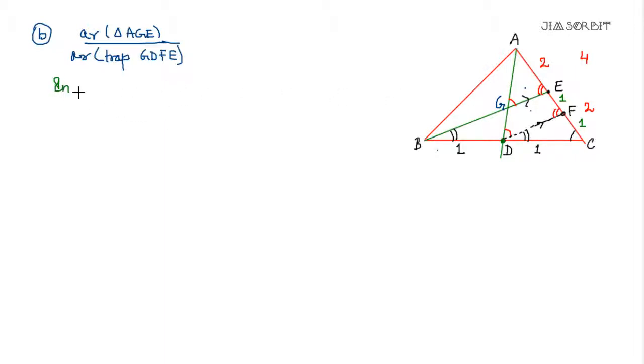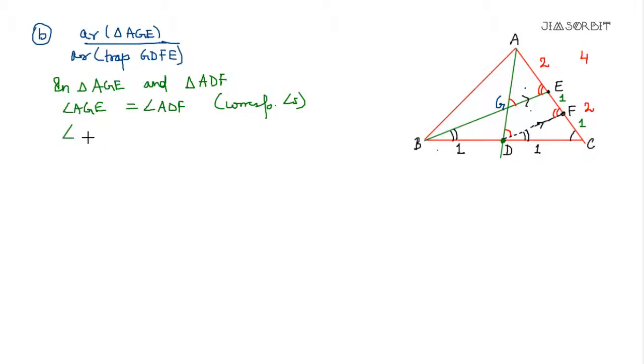Now in triangle AGE and triangle ADF, see how easily we can find this. Angle AGE is equal to angle ADF, correct? Why? Corresponding angles, because BE is parallel to DF, so GE is also parallel to DF. And angle AEG is equal to angle AFD, again corresponding angles.